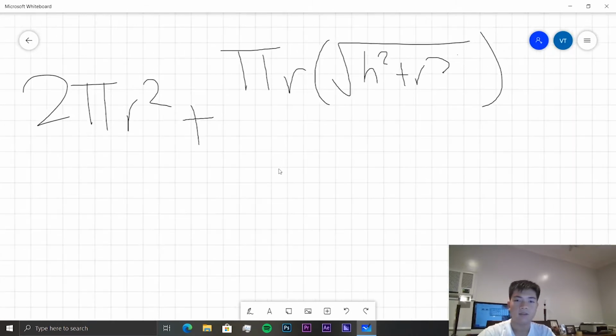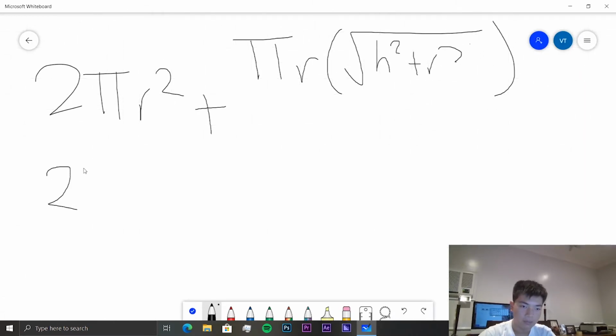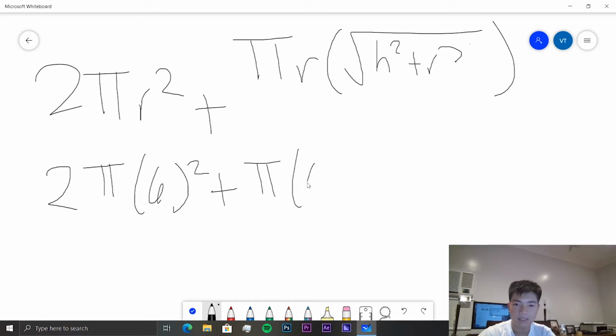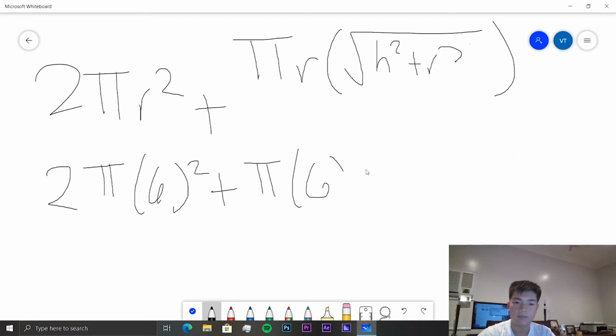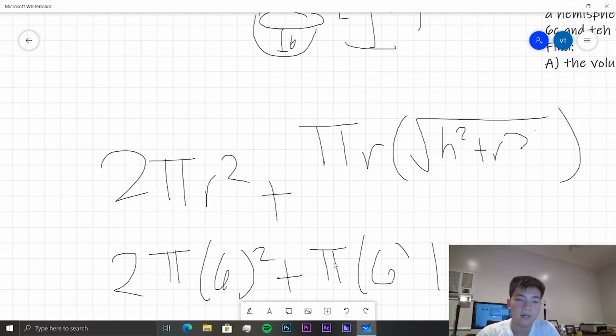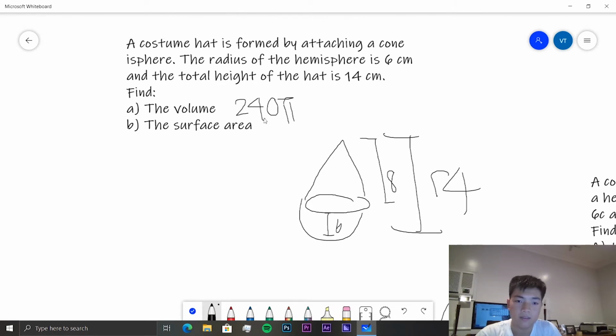So what we have here is 2 times pi times 6 squared plus pi times 6 times the square root of 8 squared plus 6 squared, which is equal to 10. So this is 10, so we have 72 plus 60, so we have 132 pi as our answer.